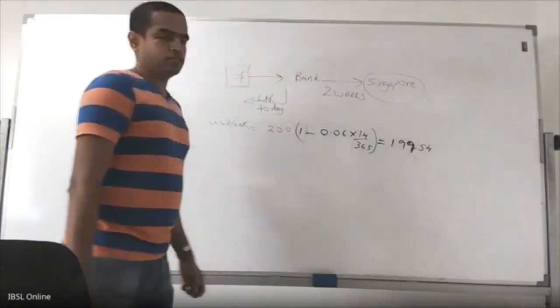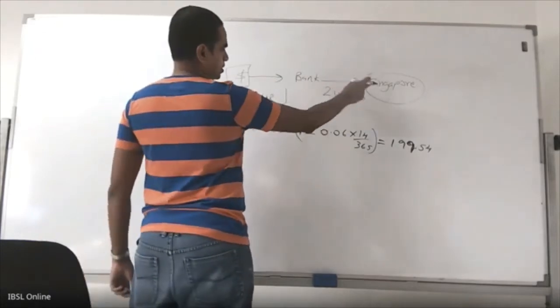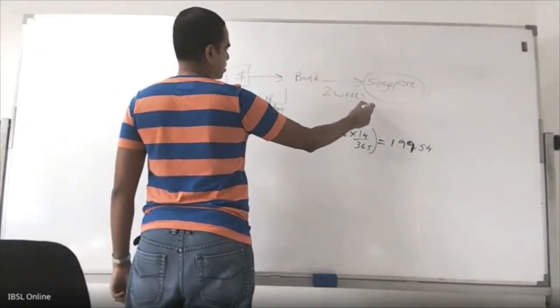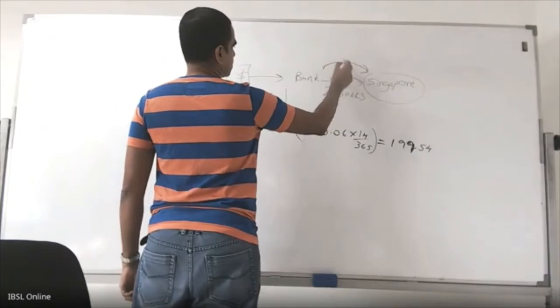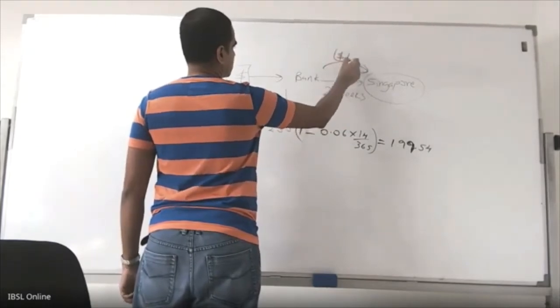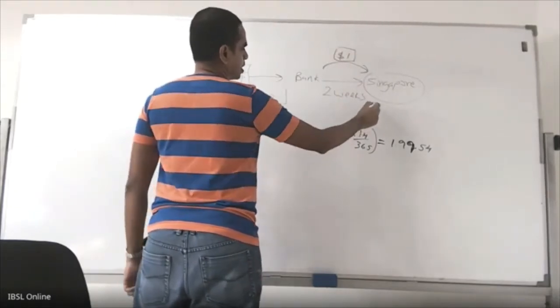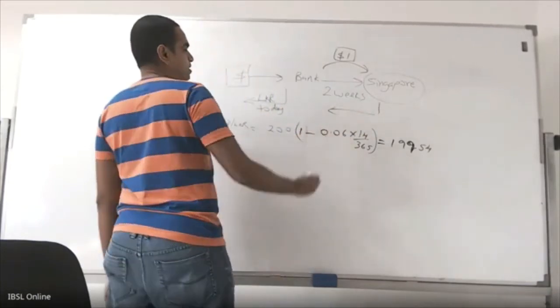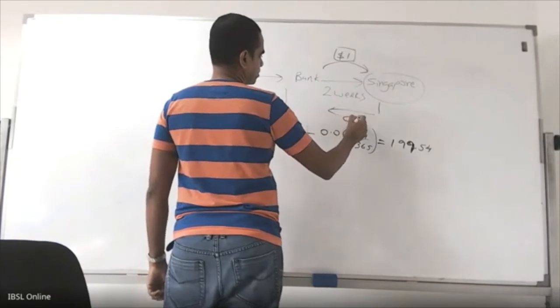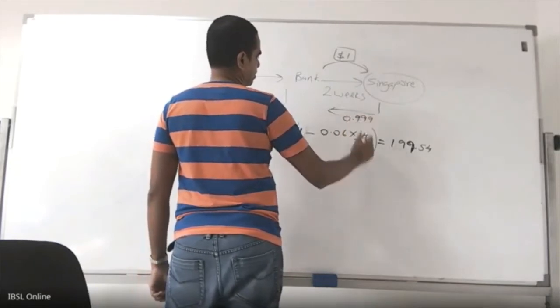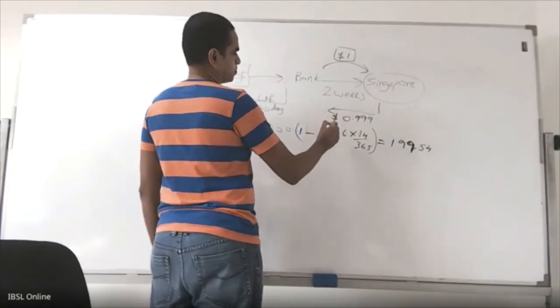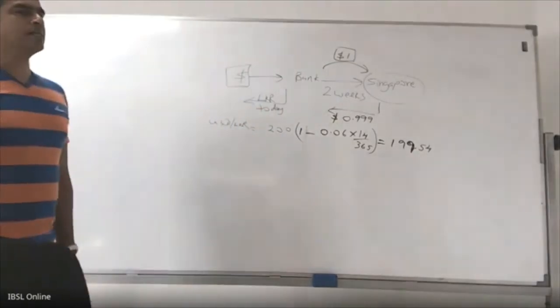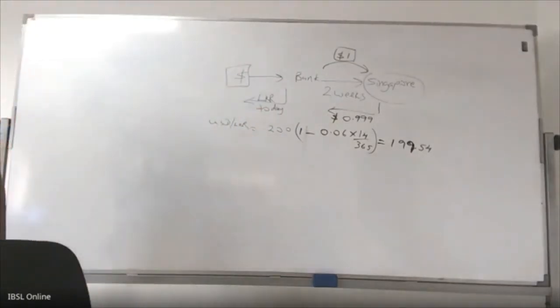But there is another catch. Now, when the dollars are repatriated to the Singapore bank, if you give this dollar note to Singapore, they will in turn give us only about $0.999. The 1 cent they will keep as their margin.